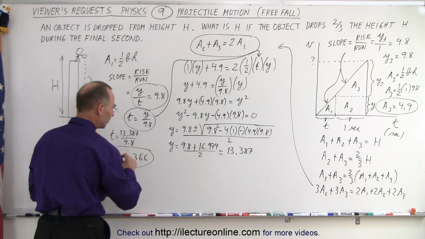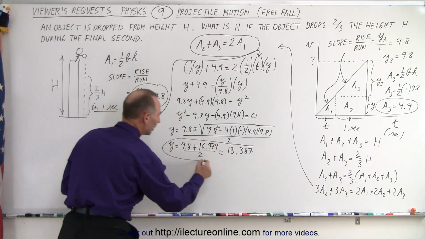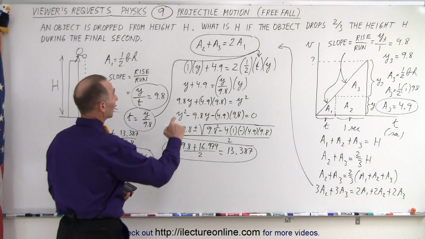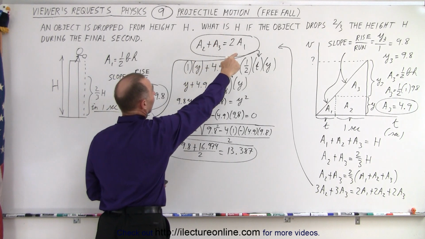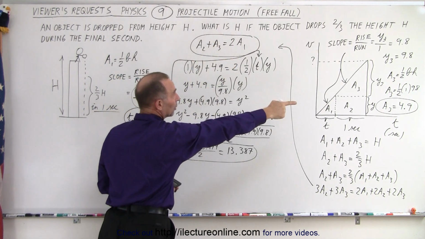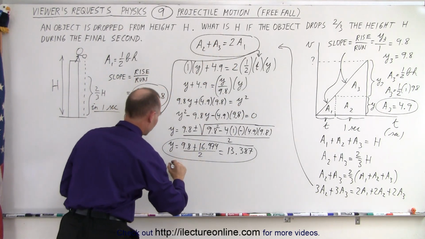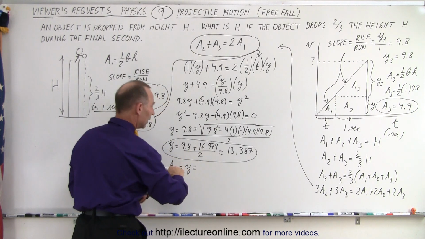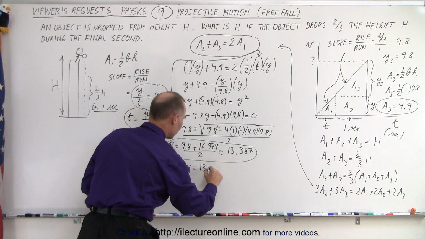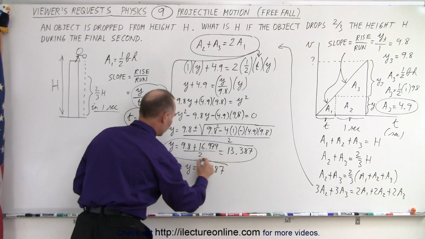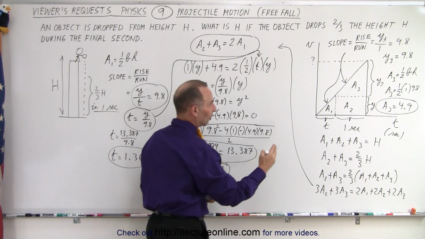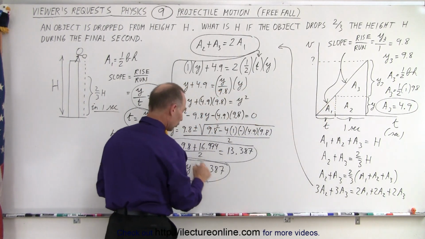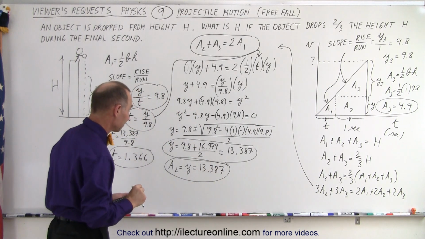So now we have a value for t and a value for y, and now I'm able to solve for A2 and A1. A3 I already know, so let's go for A2. I know that A2 is equal to y, and y is equal to 13.387. So what this implies is that until I reach the final second, the object will have traveled 13.387 meters.